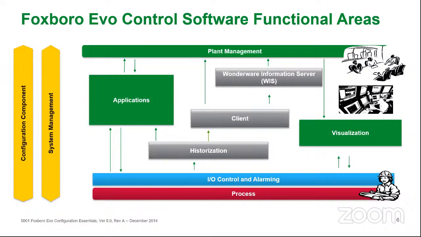Historian, sequence of events, plant management system, material management system, MES, boiler management system, BAMS, all these things are optional. But yes, you can integrate them with a DCS, and that integration is ultimately the plant management.